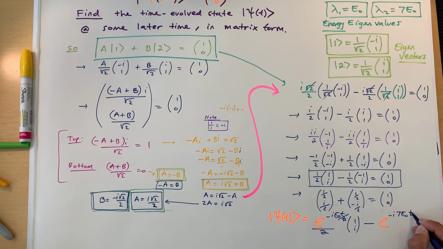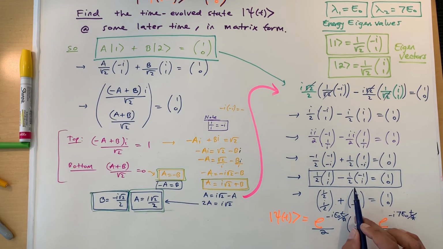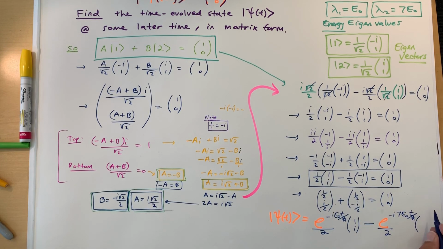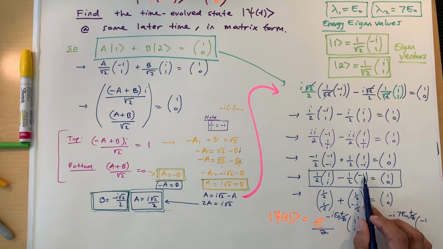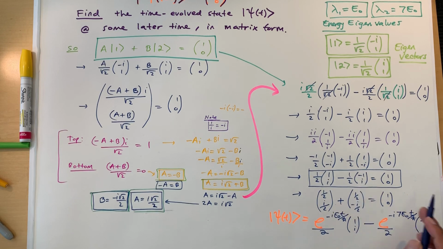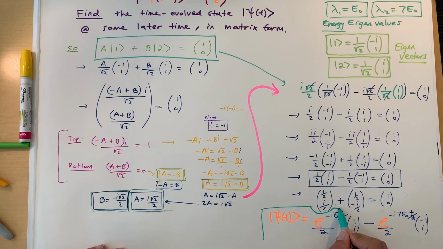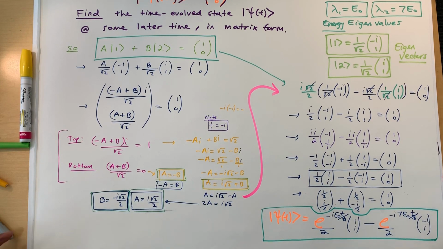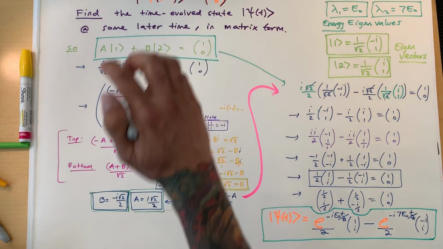All right, t over h bar, and then we have 2, and for the state vector we have -1 and i down here. Okay, and so this wave function here represents the time evolved state.